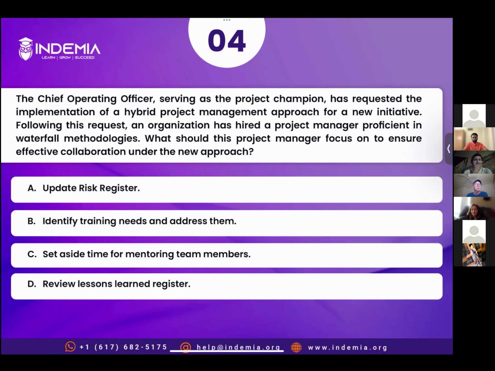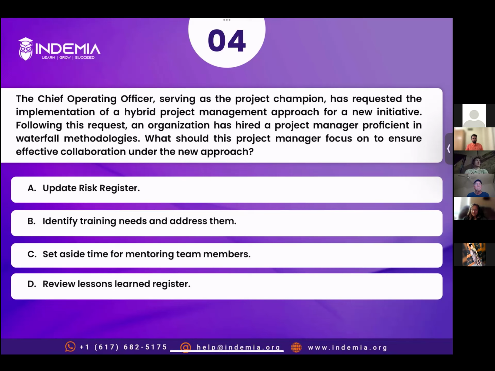All right, Daniela, you have chosen option C. Yes. So the project manager is a waterfall methodologies person, so he's not that familiar with Agile. However, he needs to ensure effective collaboration under the new approach, which is exactly what Agile is.